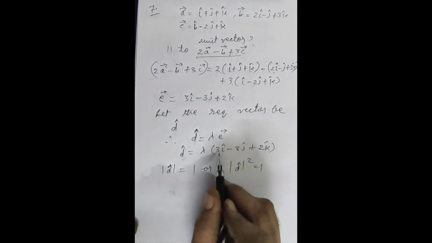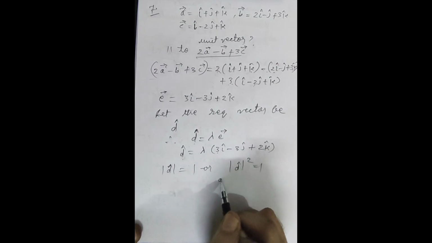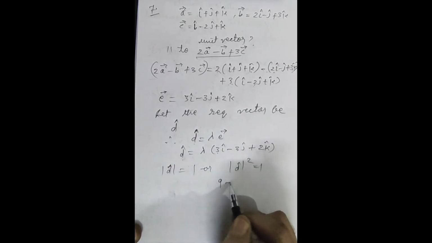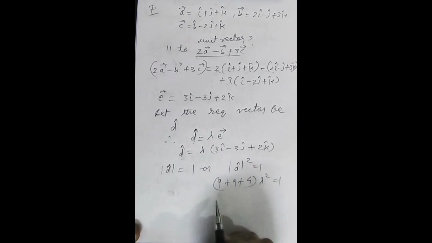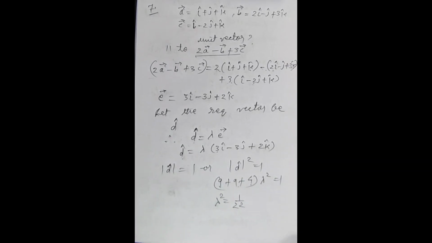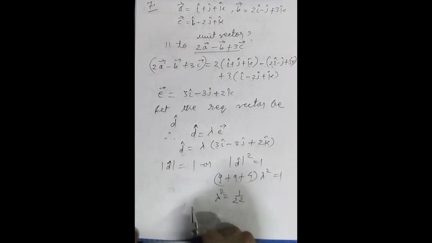So from here directly we will say 3 square 9 plus 3 square 9 plus 2 square 4, times lambda square is 1. 9 and 9 is 18, plus 4 is 22. We get lambda square as 1 upon 22, so lambda comes to be 1 by root 22.